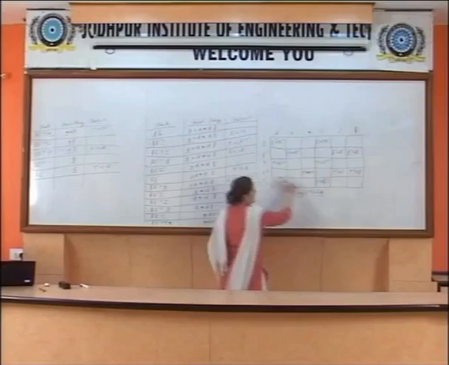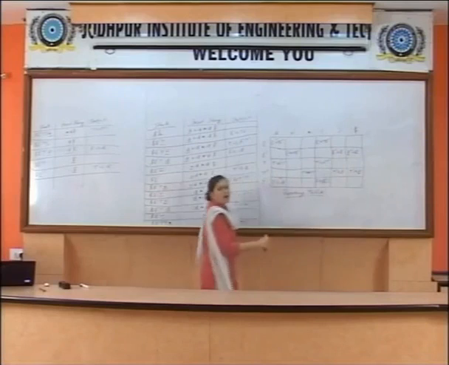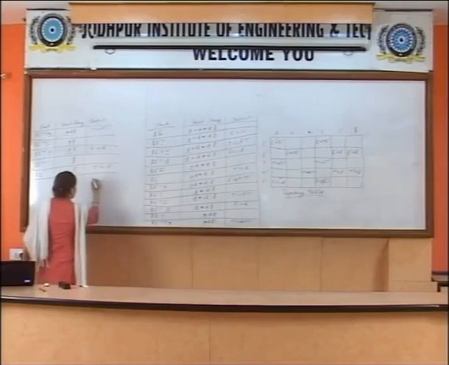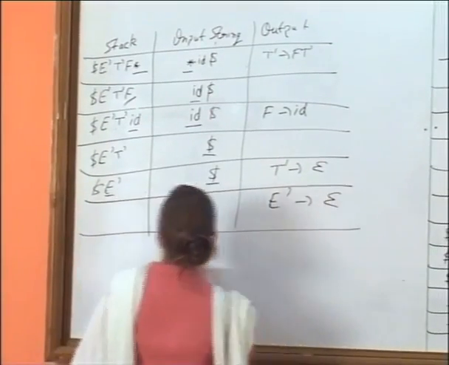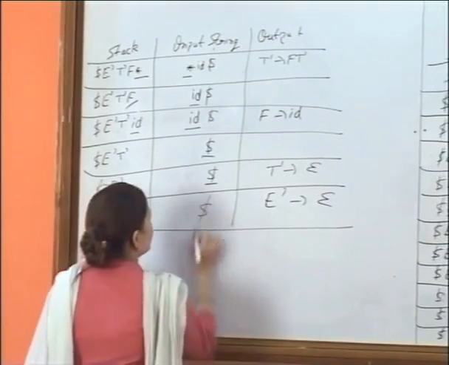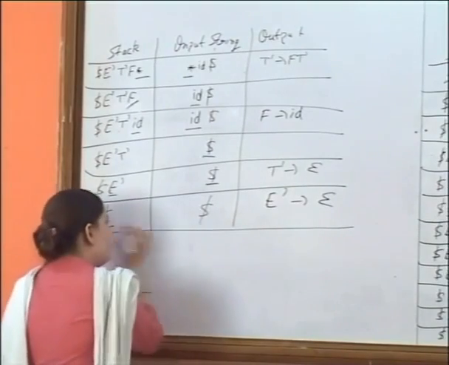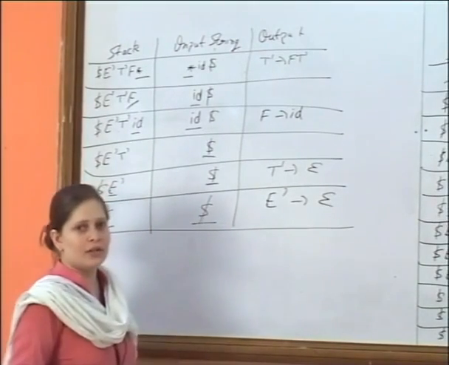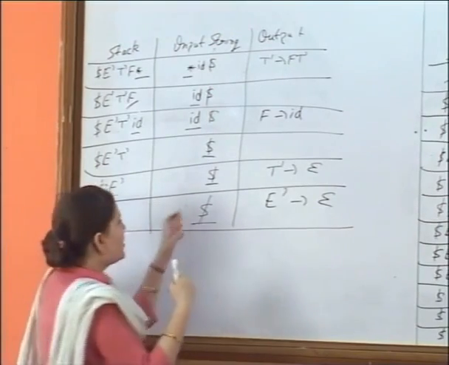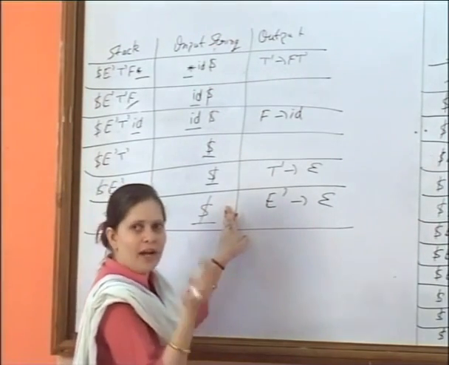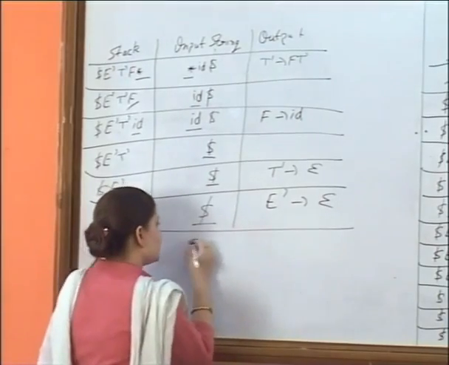That means E dash and end marker, that is again a null. That means E dash to null, dollar and dollar. If we have received an end marker at the top of the stack and an end marker at the input buffer, that means successful parsing.